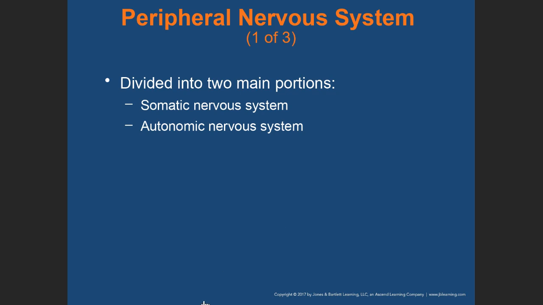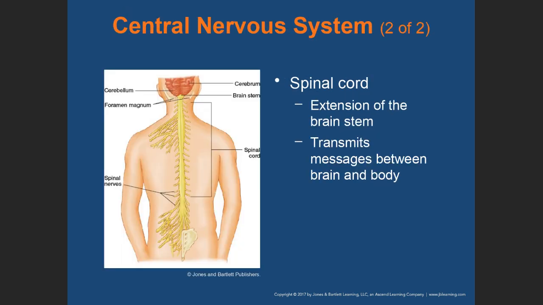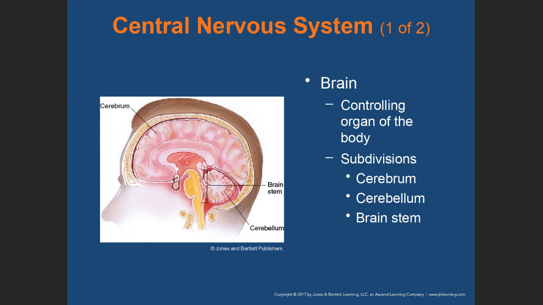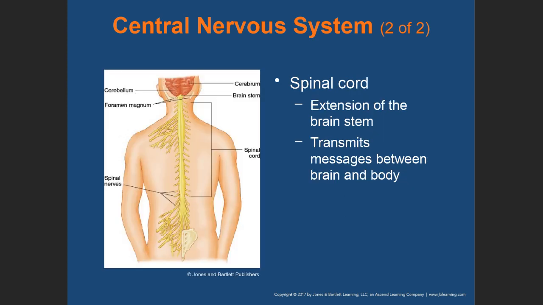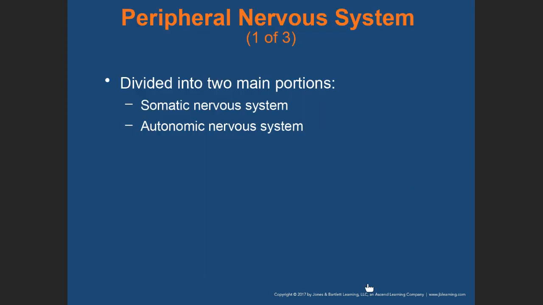Now let's look at the peripheral nervous system. The peripheral nervous system is away from the central nervous system, and there are two components to it.